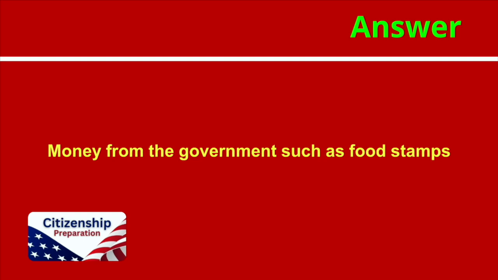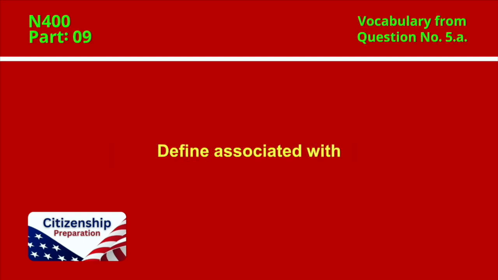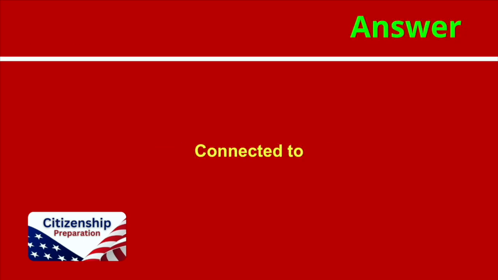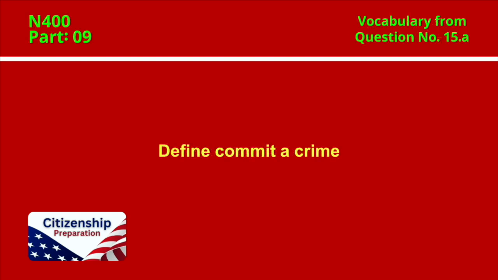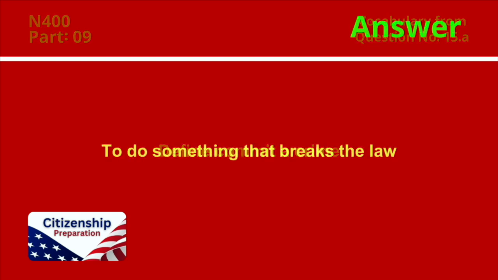Money from the government. Such as food stamps. Define associated with. Connected to. Define commit a crime. To do something that breaks the law.